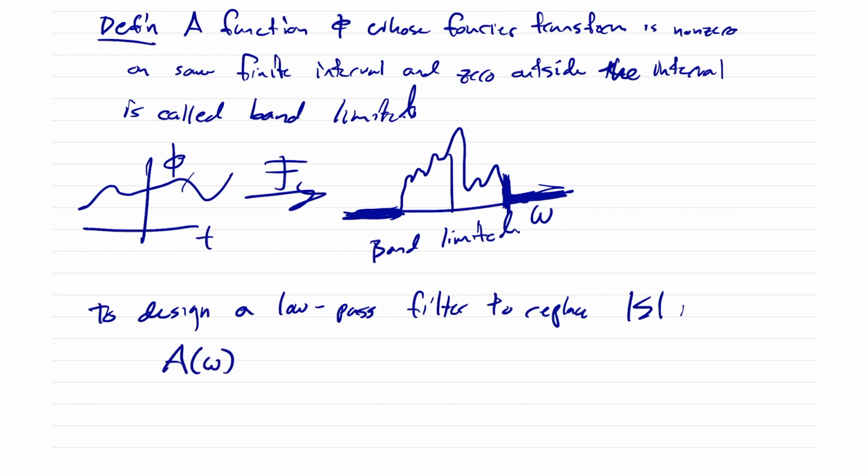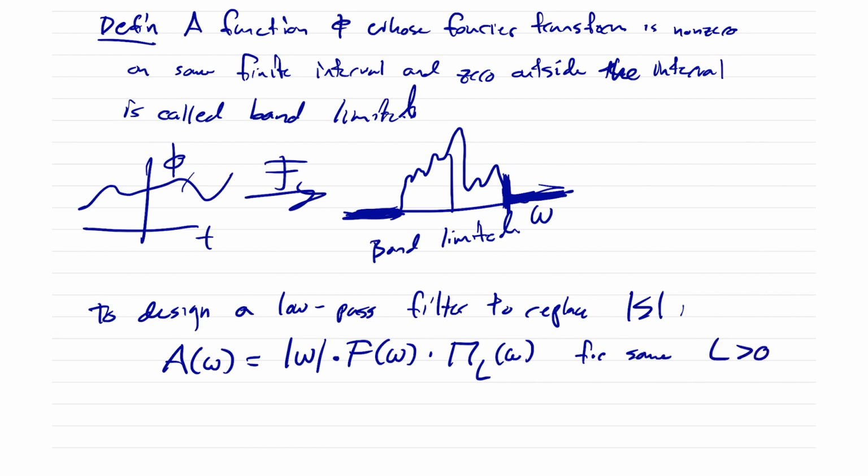We're going to have A of W, in the frequency domain, with the magnitude of s, times some other function, we don't know what that is yet, times the square wave, where we want to chop it off. L here is just some positive real number. Because the square wave is zero outside of L, this function will identically vanish.